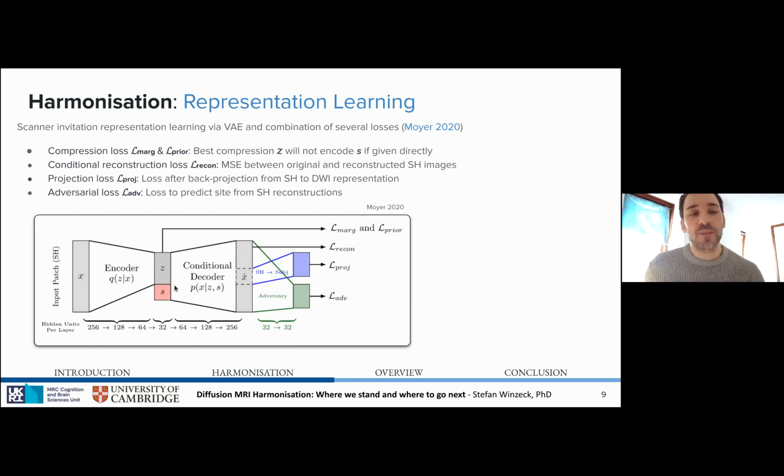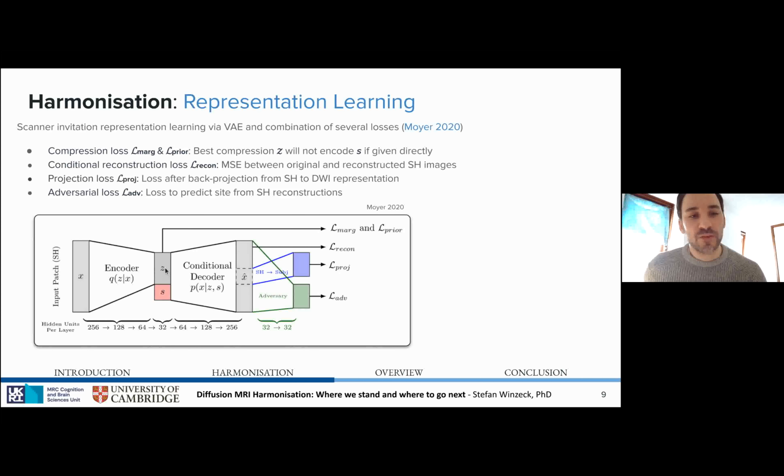And the neat thing about this is the trick that you include a variable S that would be your scanner variable. By that, the decoder directly knows explicitly from which site your data comes, so that the encoder actually doesn't have to learn this.